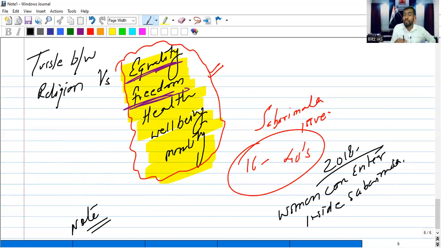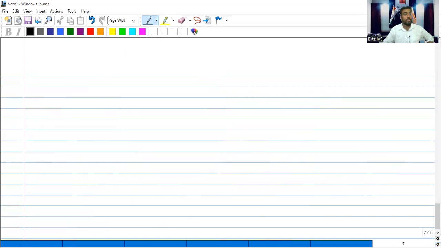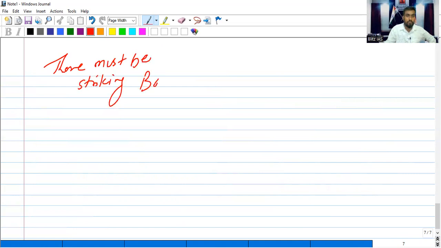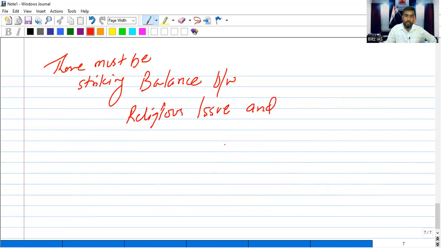Okay, but here also the government has to act in a very judicious manner. ऐसा नहीं कि पूरा रिलीजन को खत्म कर दो, प्रैक्टिस को खत्म कर दो इक्वालिटी के नाम पे और चलने दो. No, there must be a very fine and striking balance between the religious issue and constitutional ideals.